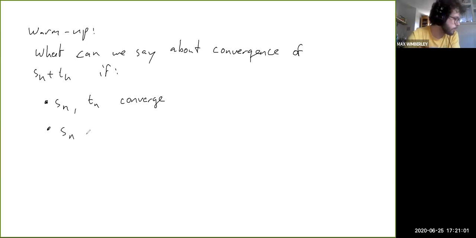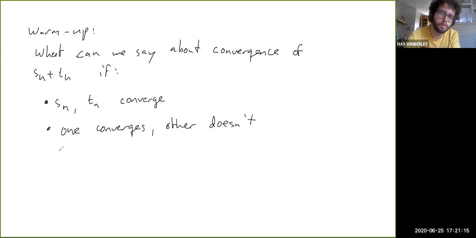Then, let's say one converges and the other doesn't, and then both diverge. So yeah, pretty short one.